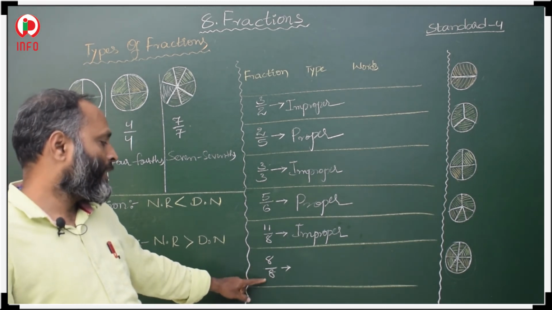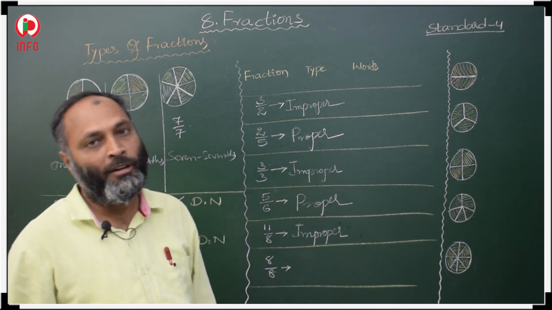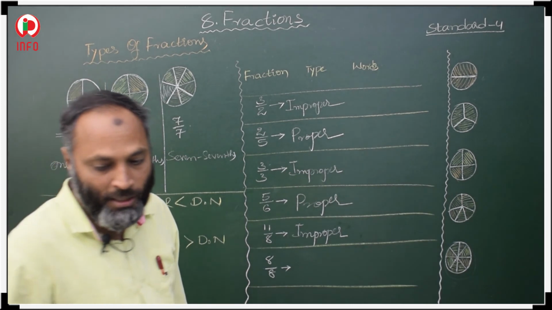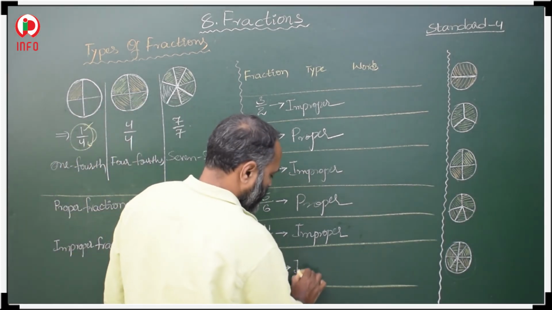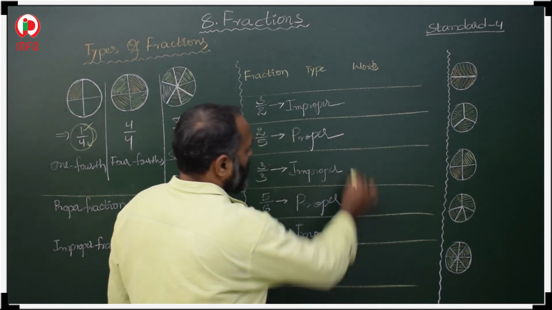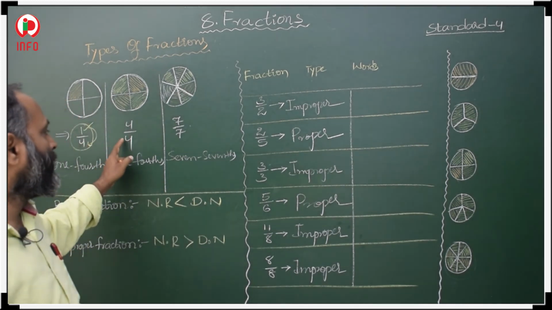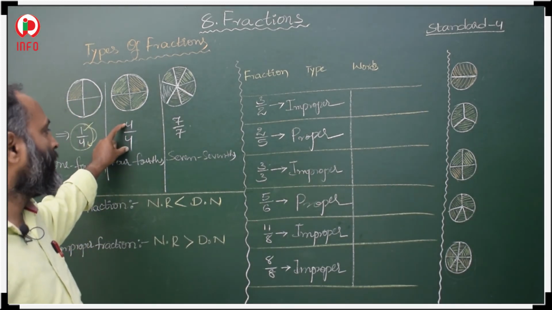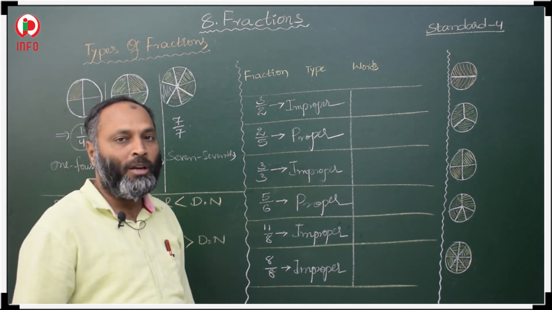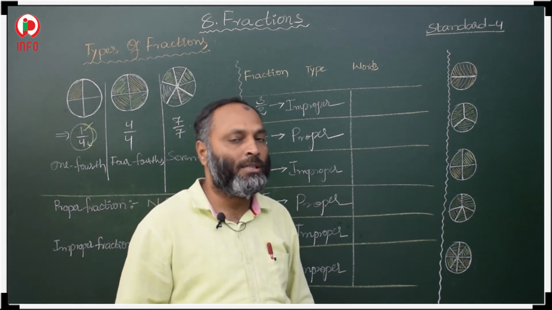This is 8 by 8, numerator and denominator are both the same, so it is an improper fraction. Here also 4/4, numerator and denominator are the same, so it is also improper. If the numerator and denominator are both equal, then it is improper.